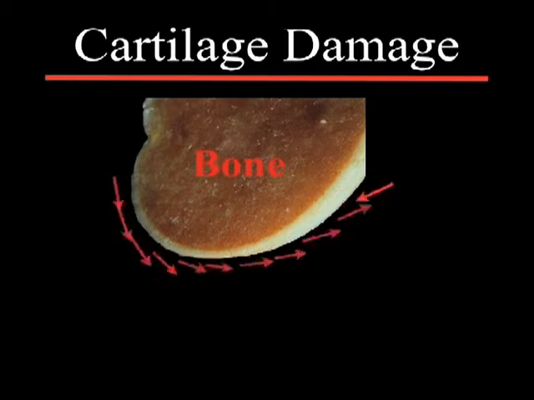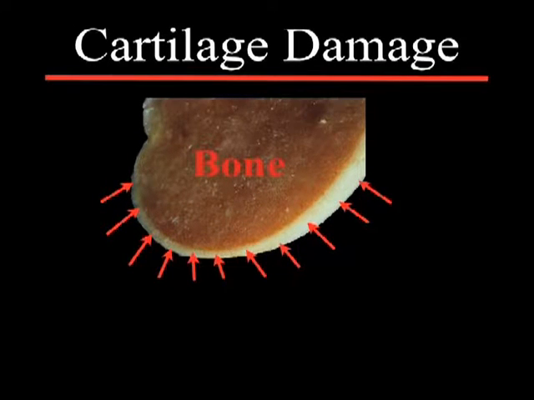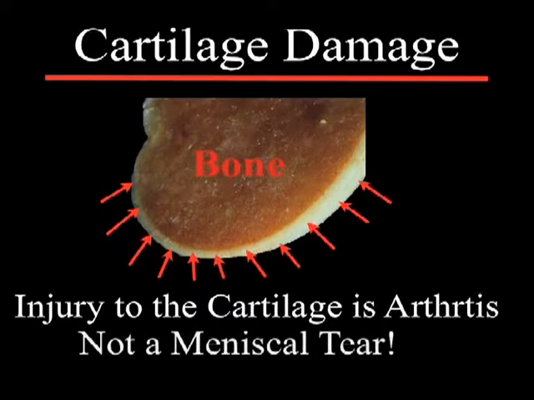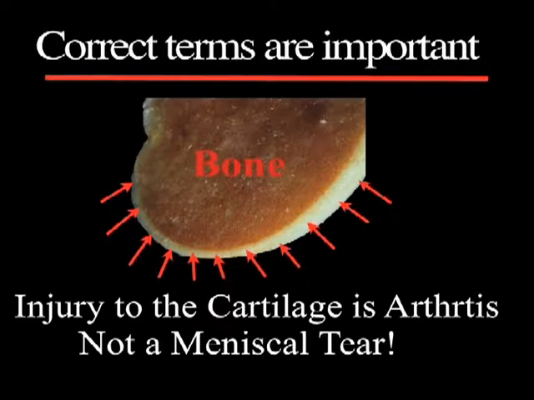Cartilage injury actually refers to a progressive wearing away or sudden traumatic damage to the cartilage layer. Cartilage injury by definition is arthritis. Since both meniscal tears and arthritis are all too often found together in painful knees, the correct use of the words cartilage and meniscus is important to avoid confusion.